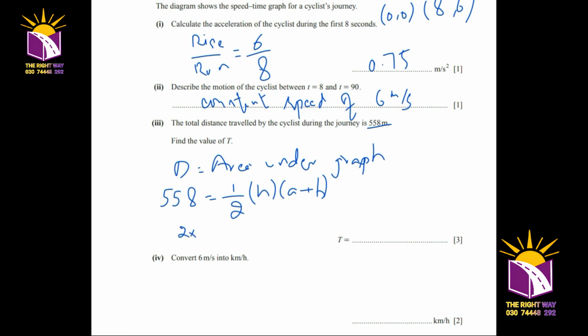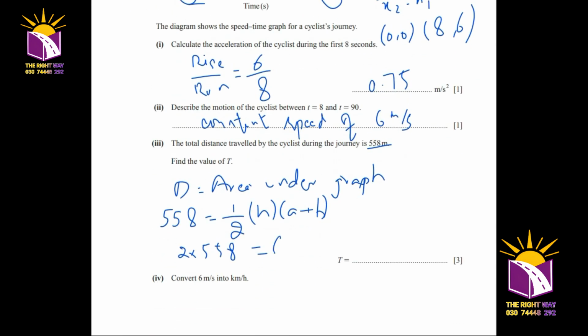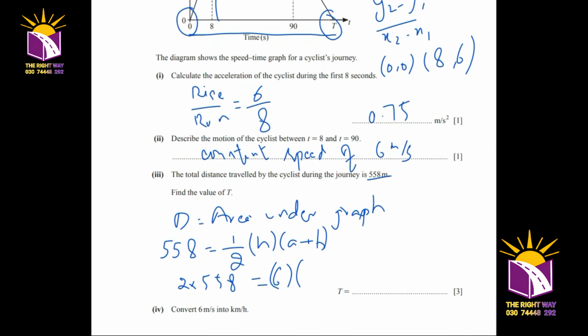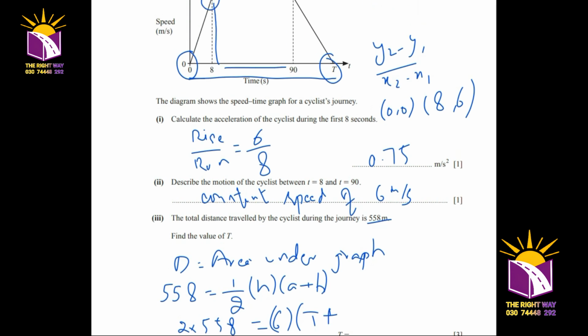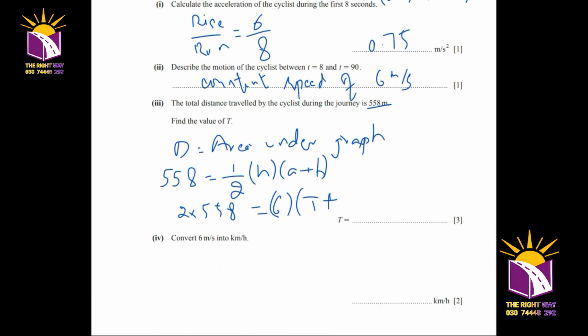So 2 times 558 is equal to height, which is 6, times one parallel side, which is 0 to t, and the other one is from 8 to 90. 8 to 90, so it will be 82.